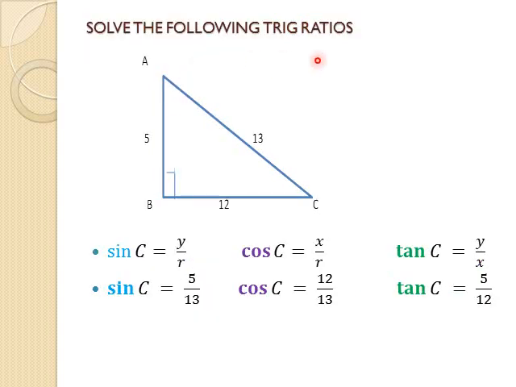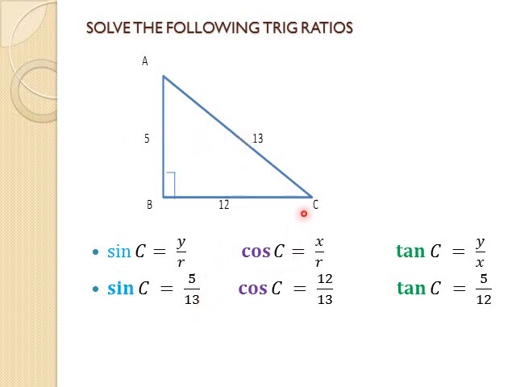Right, so solve the following trig ratios. They want sine C, so I'm starting from angle C there, right, go across y over my r, which is always opposite my 90-degree angle, so y is 5, r is 13.